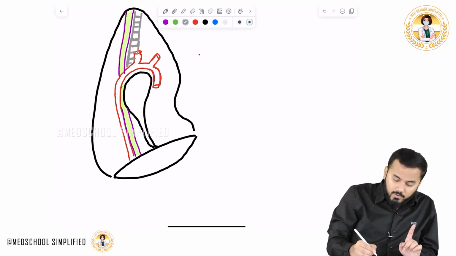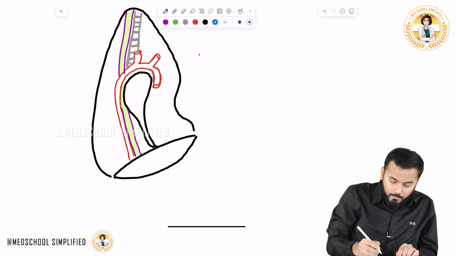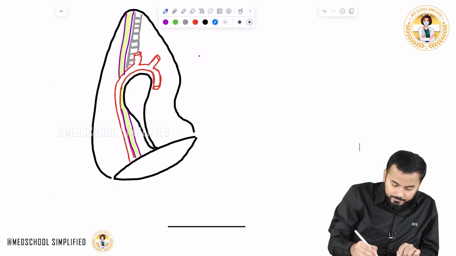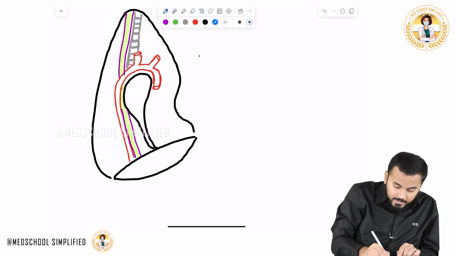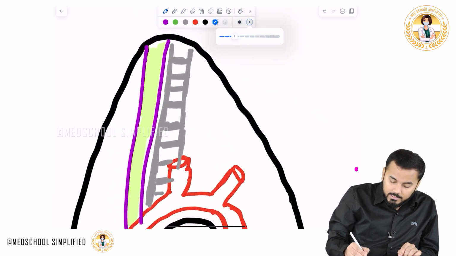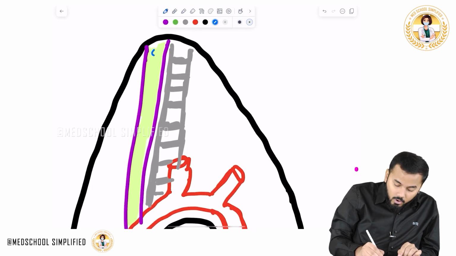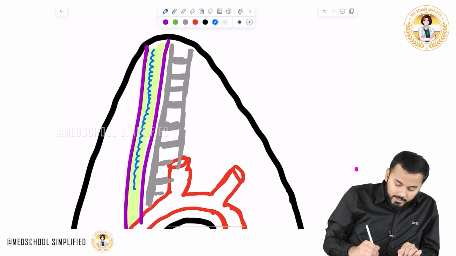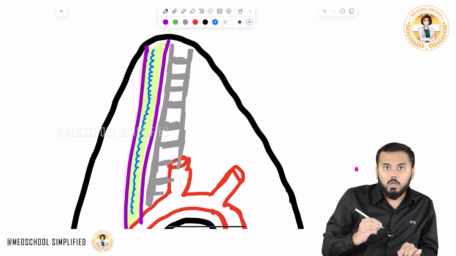Now before that, one last thing I want to tell you. If I zoom into this, exactly here I have got a duct like this, you see? Exactly where is it located? This duct is located on the esophagus.